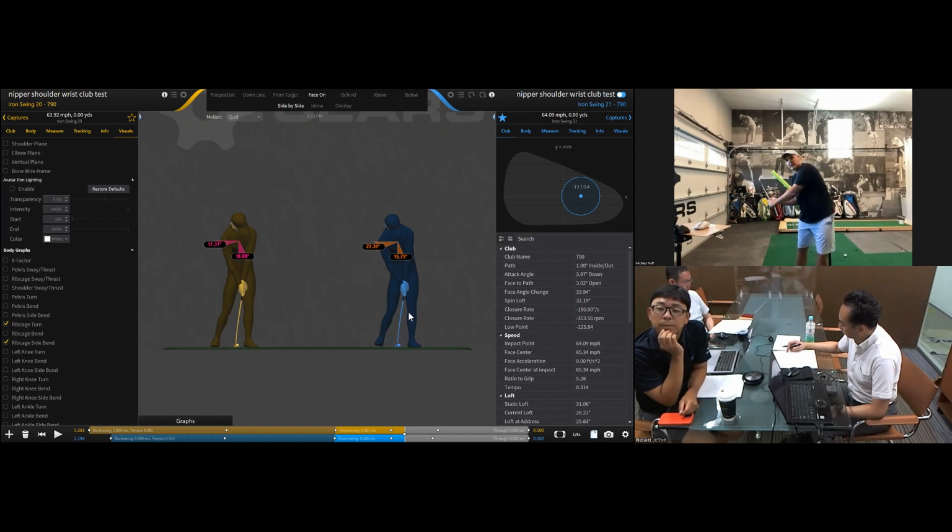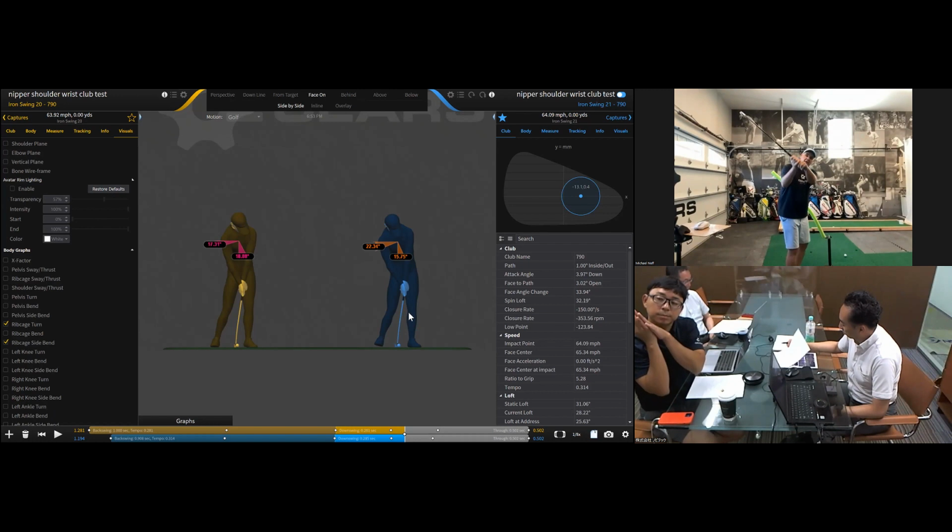I want to lower the club without side bending. Like this. Okay.